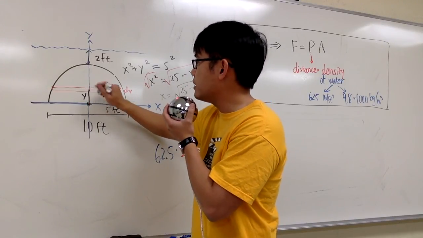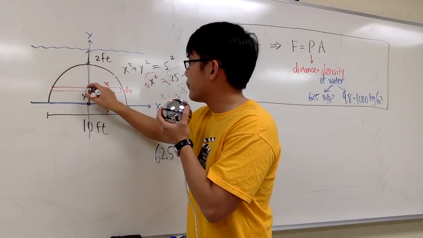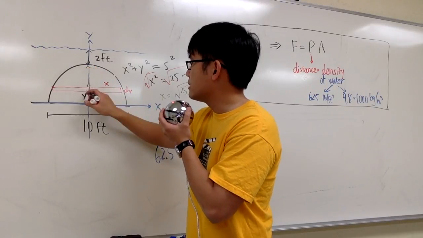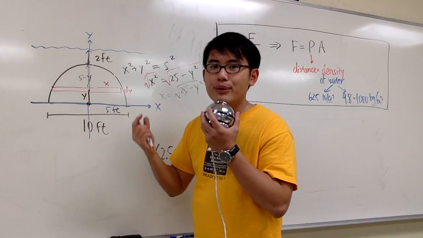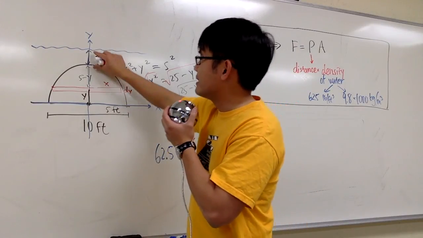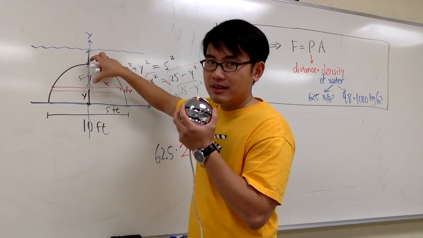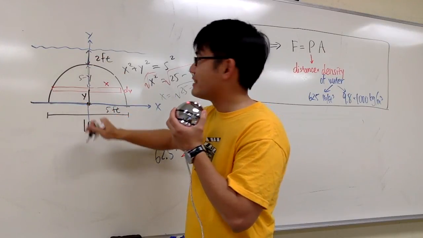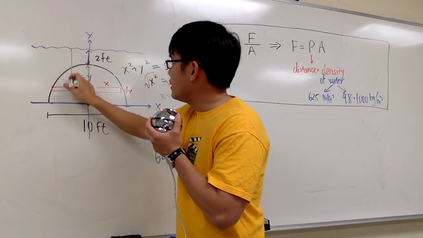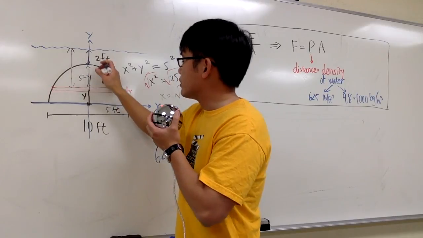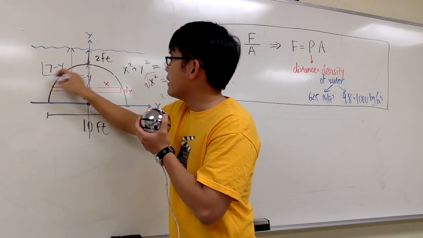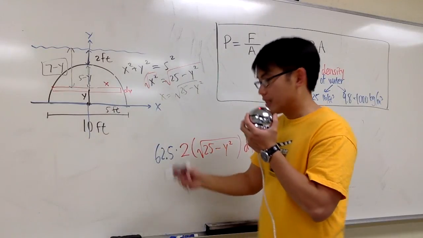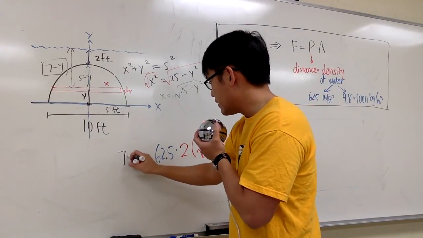This much is y already, so this much right here will be 5 minus y. But then I have to add 2 more, because this is 2 feet down the water. So the whole thing from here to here is 2 plus 5 minus y, which is 7 minus y. And that's the distance that we have to use. So we multiply by 7 minus y.